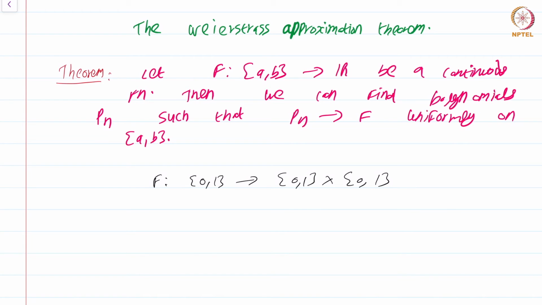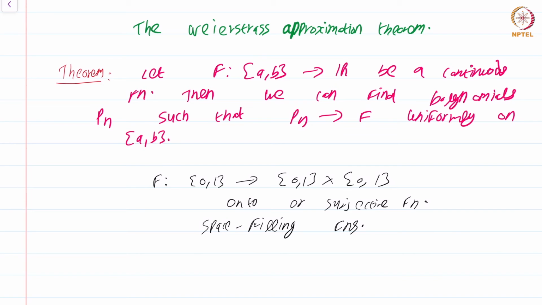We will do so in Real Analysis 2 in the future, such that this function is onto or surjective. A surjective function from [0, 1] to [0, 1] cross [0, 1] is possible. This is called a space filling curve. So continuous functions can be extremely bizarre.